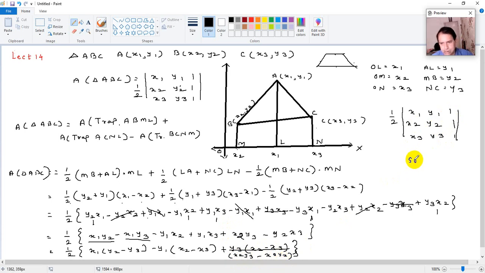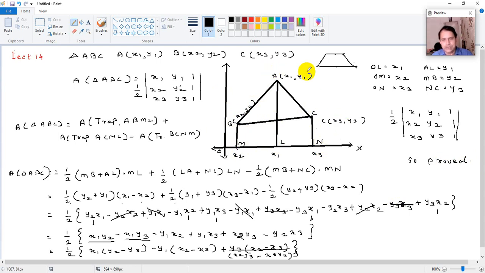So proved. Right? Rather it is lengthy, but it is not difficult at all. You can easily understand. This is just a calculation oriented issue. And one thing you have to make clear is that whenever you drop a perpendicular from B whose coordinates are x2, y2, the foot of the perpendicular will have x coordinate x2. Here the x coordinate is x1, here the x coordinate is x3.